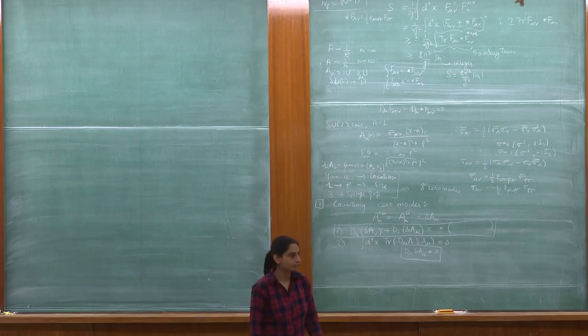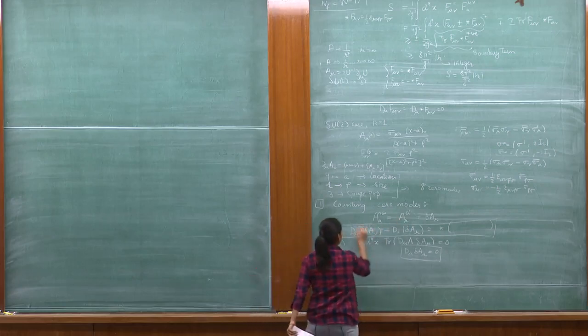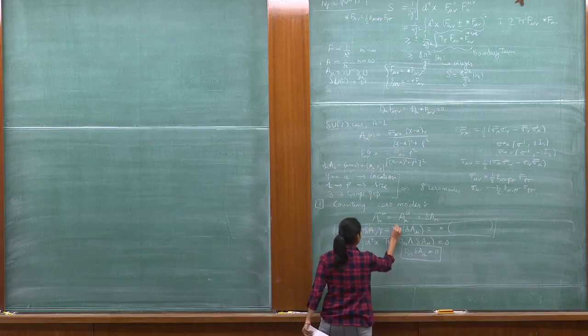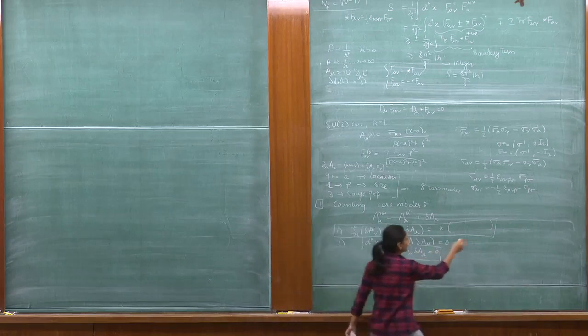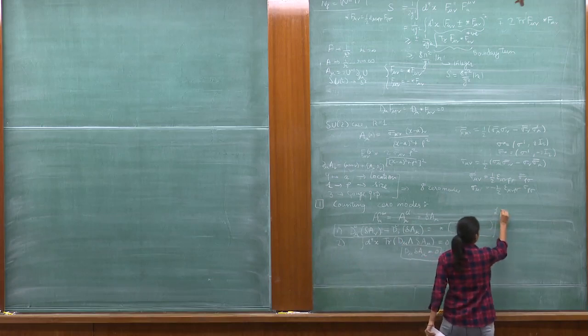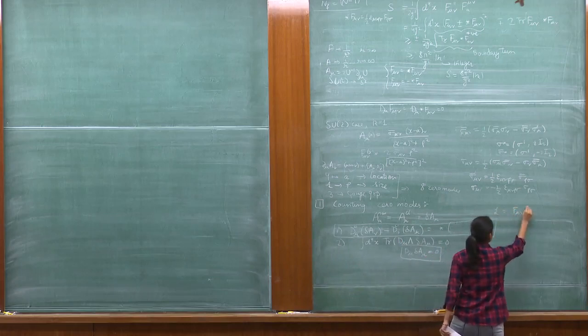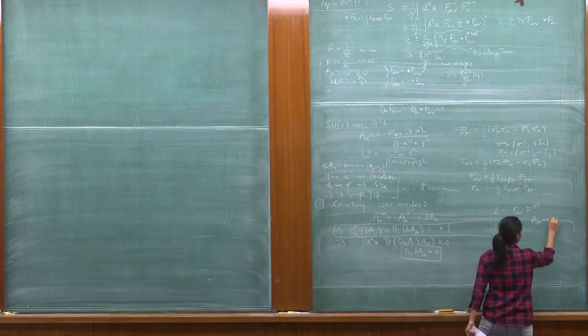This capital D is the derivative with respect to the old background. So I should have written this. So you have to work order by order in perturbation theory. Actually this one can be seen just from the Lagrangian. So my Lagrangian was F mu nu. I transform A mu as A mu plus delta A mu.